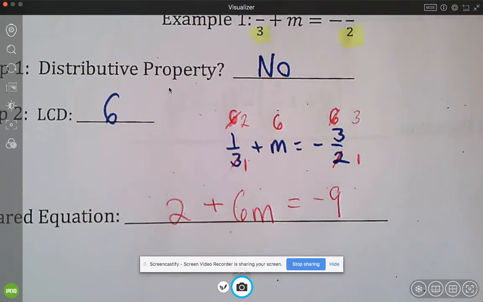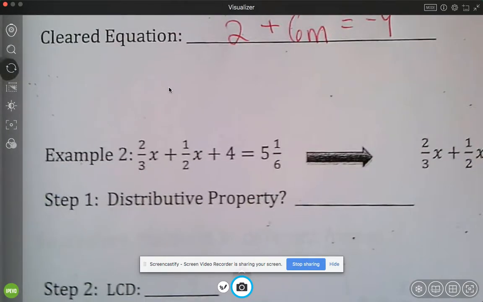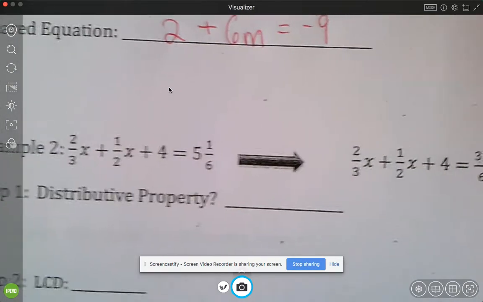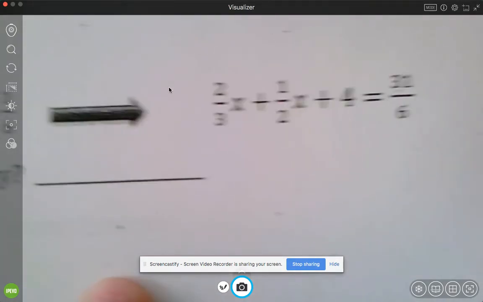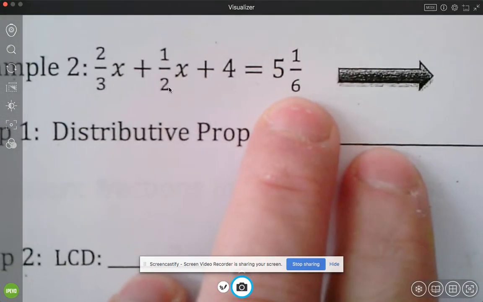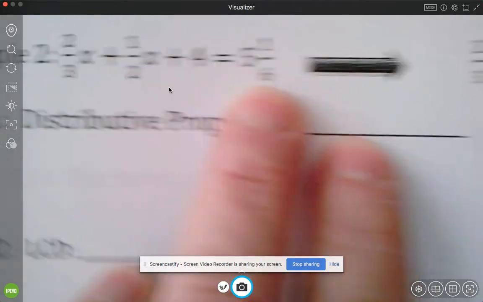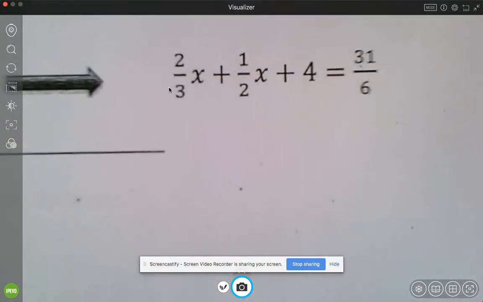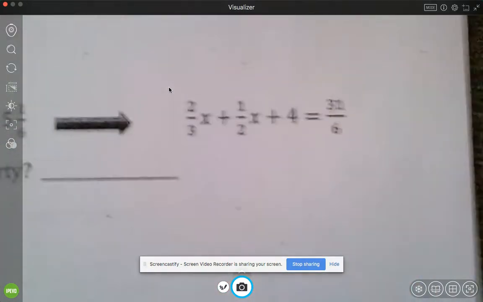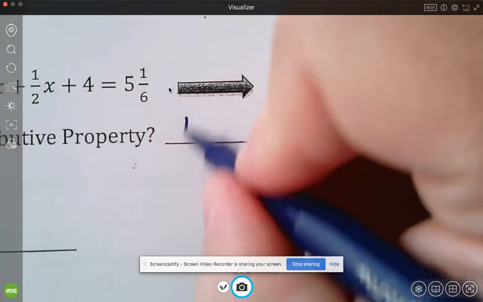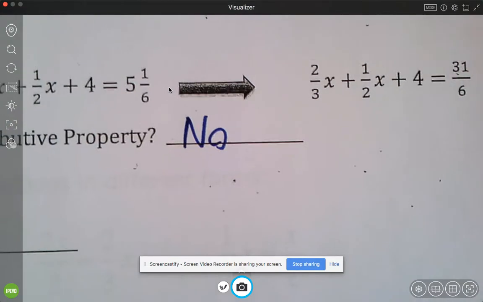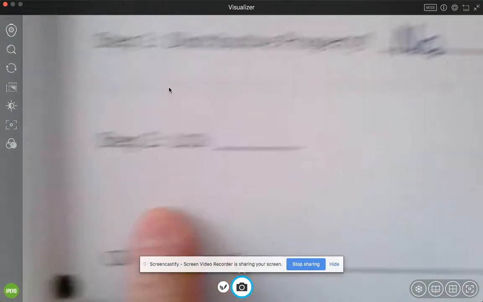All right, let's go on to the next one. So here we're looking at this equation. The one thing that they did was they changed that mixed number into an improper fraction here. Raise your hand. Is there any distributive property here? The answer is no. So now we've got to look for the LCD in step 2.